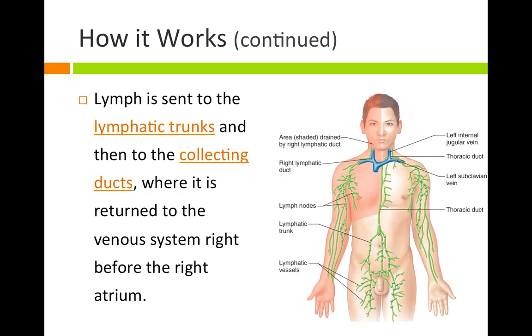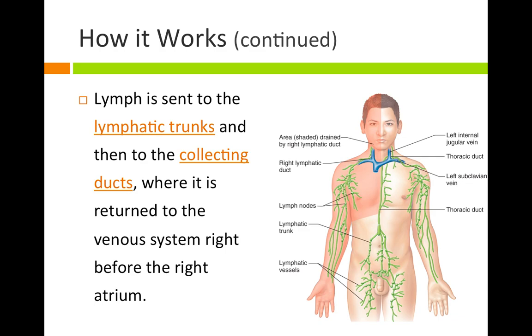So the lymph is sent along these vessels through the lymph nodes, to the lymphatic trunks and then to collecting ducts. And these ducts dump the lymph back into the cardiovascular system, right before the vena cava and the right atrium.